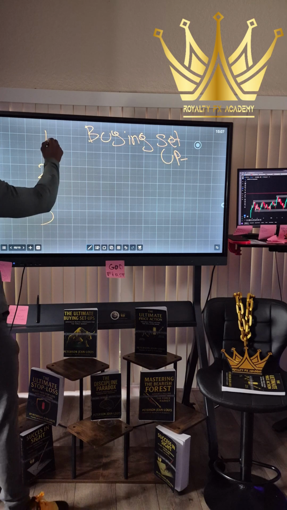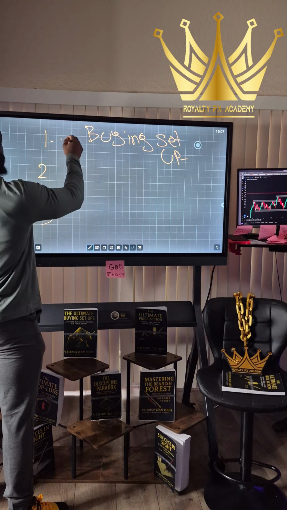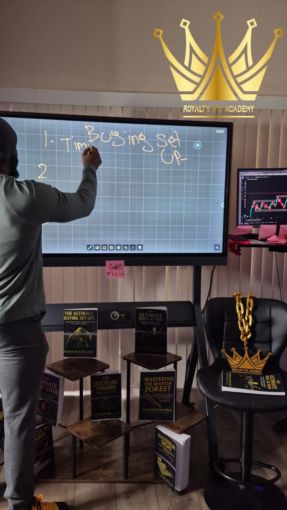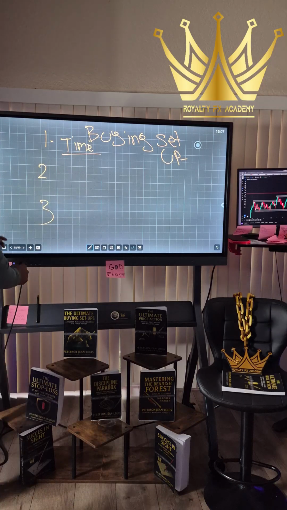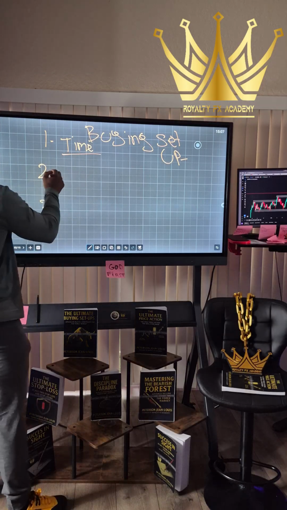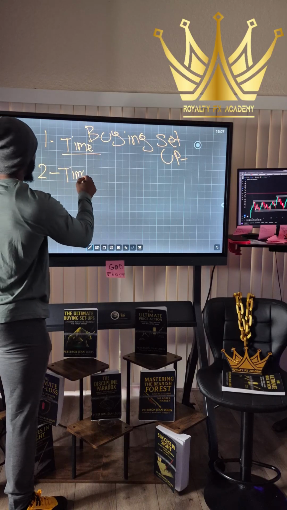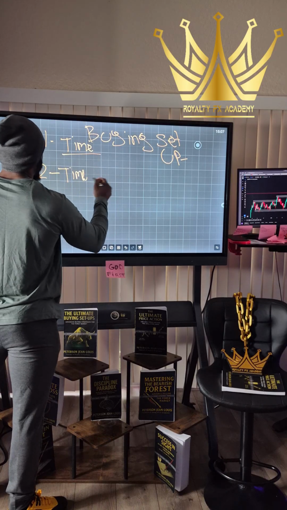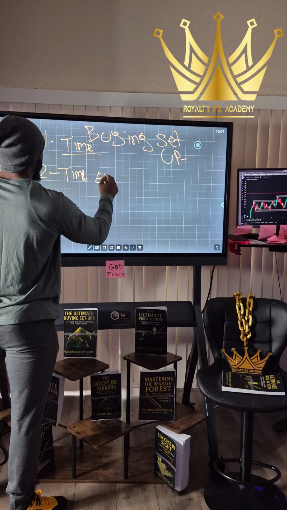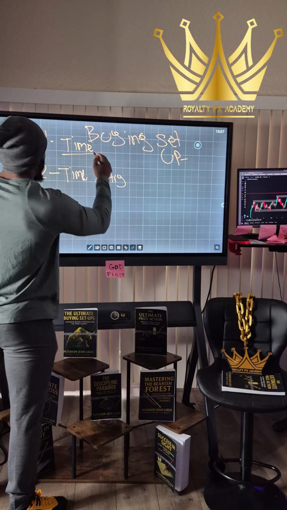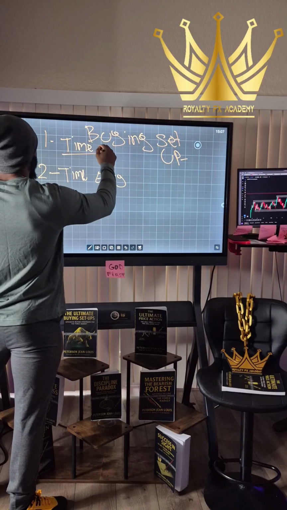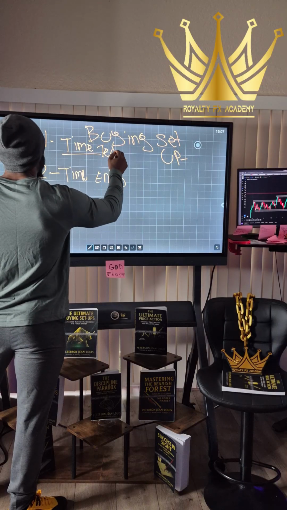First rule, time frame for your technical analysis. Second rule, time frame for your entry. So let's put time entry, okay? Where rule number 1 was for your technical analysis.